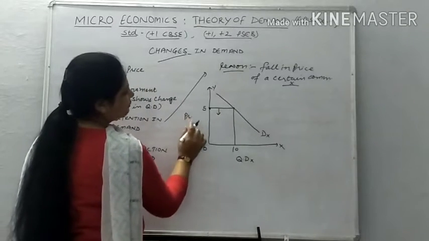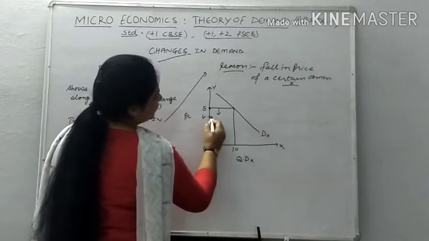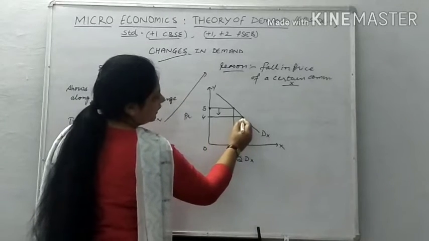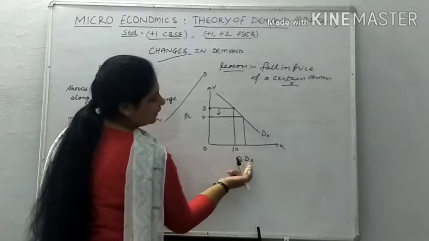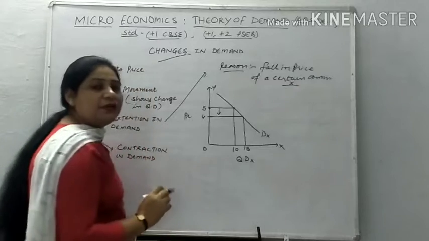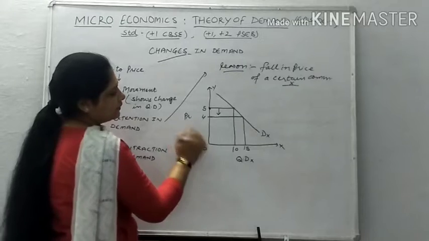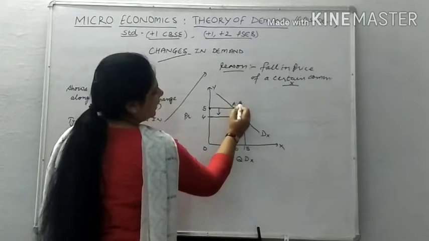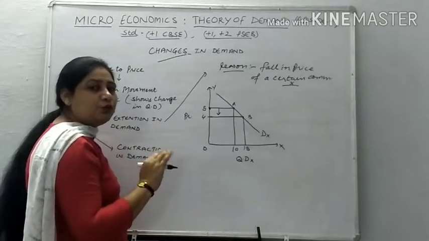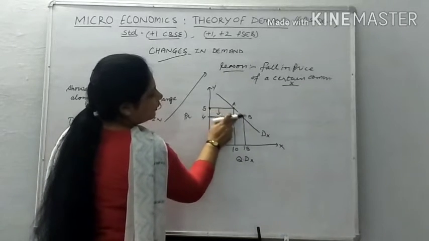The price falls from 5 rupees per unit to 4 rupees, and at 4 rupees the consumer's real income will increase, and the consumer can purchase more of good X. Now he is willing to purchase 15 units due to the fall in price. Students, I am taking point A here and point B here. Now the consumer's demand, due to price only, moves from A to B.